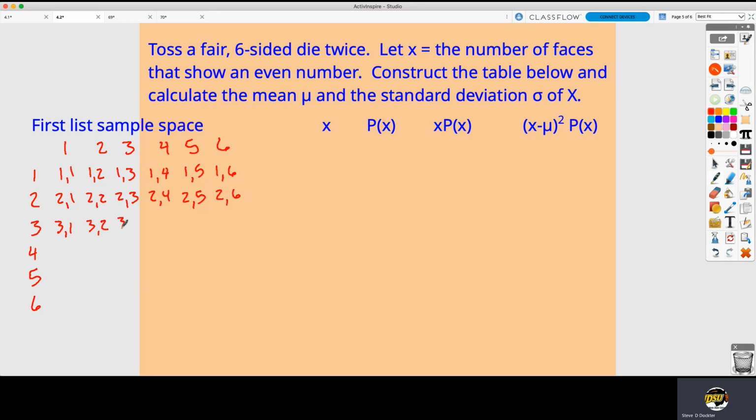So don't be afraid to list out all of these different possibilities.